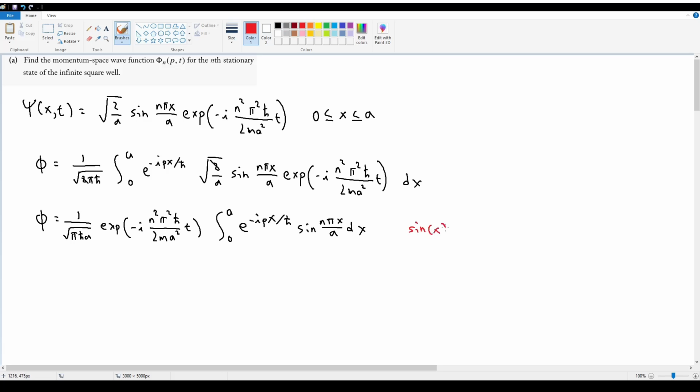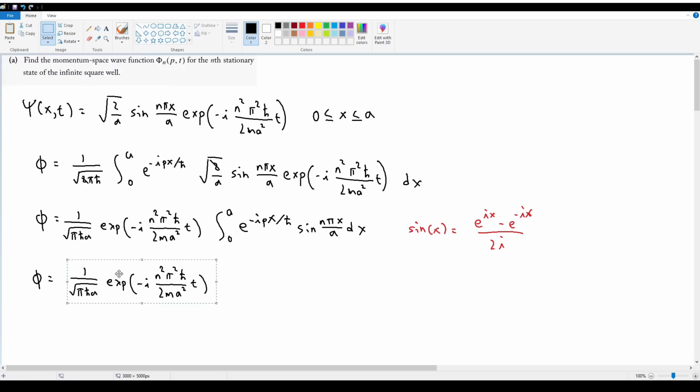of x is equal to e to the ix minus e to the negative ix divided by 2i, in which case our phi term is now going to equal, I'm going to copy paste over the constants at the front, and then our integral from 0 to a of e to the negative ipx divided by h bar.